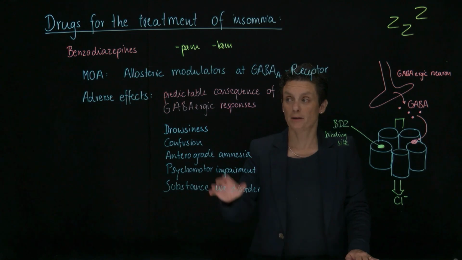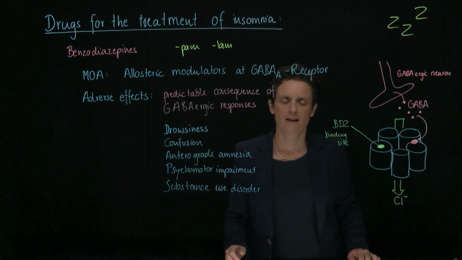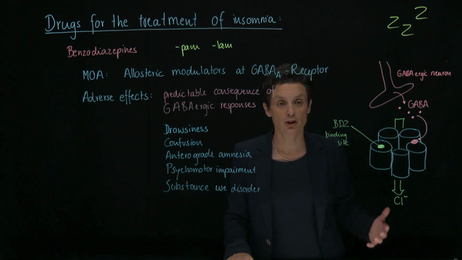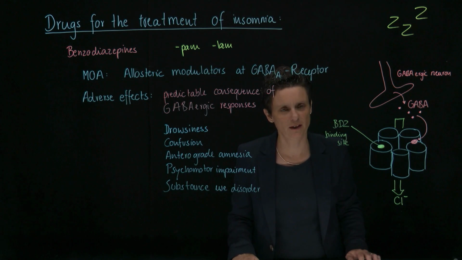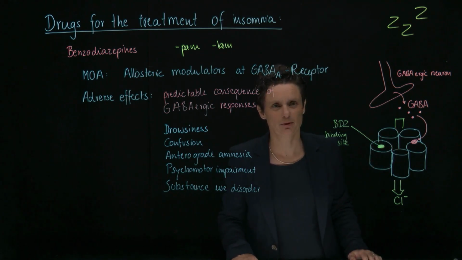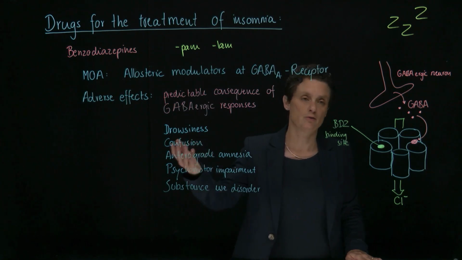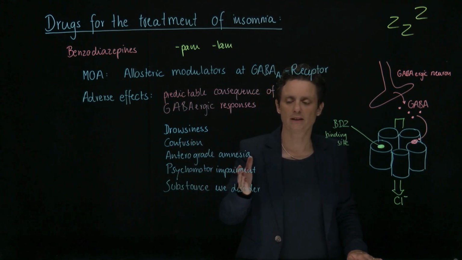When we are thinking about adverse effects, this is all predictable just by knowing that the GABAergic responses are potentiated. So how are we going to feel when we have all of this potentiation of this inhibitory neurotransmitter? Well, drowsy, confused. We can have anterograde amnesia.